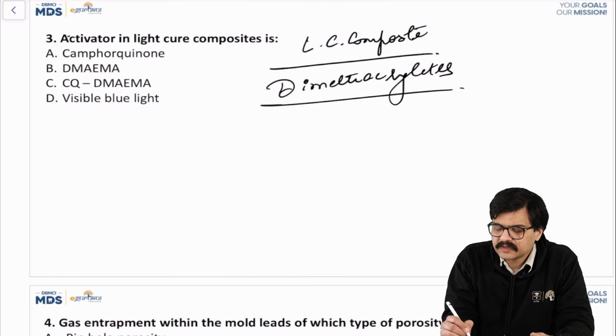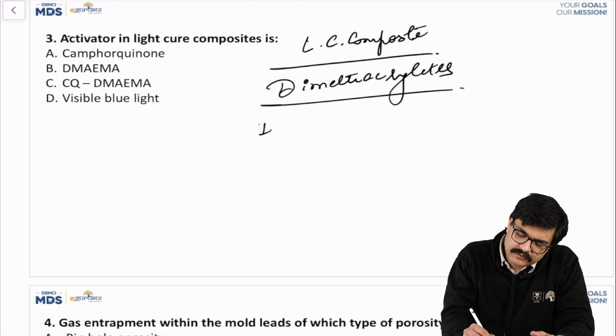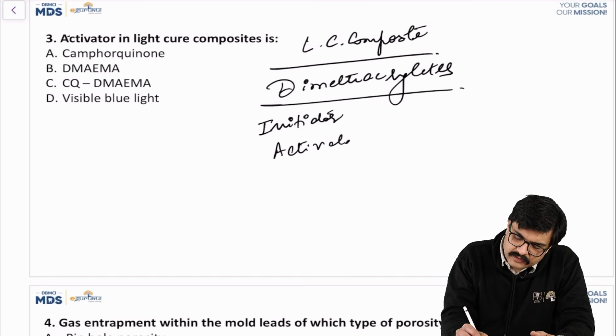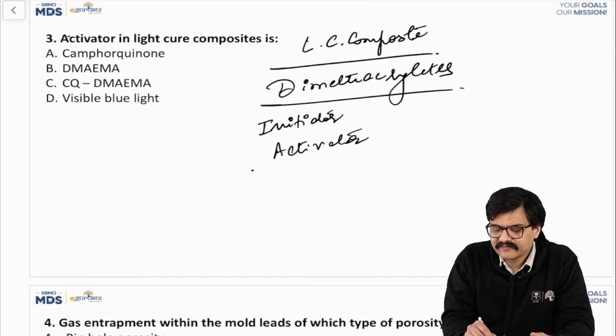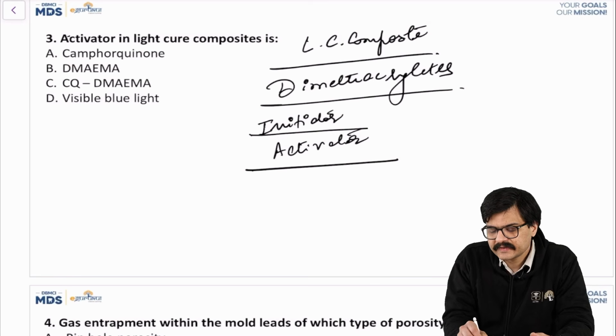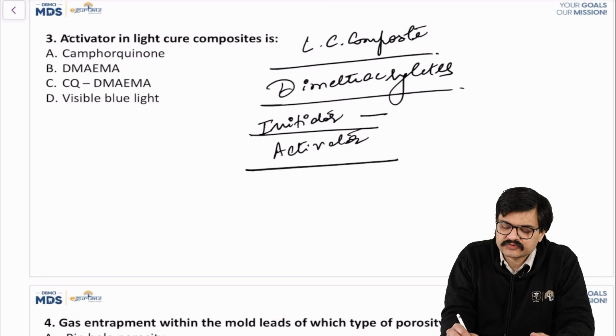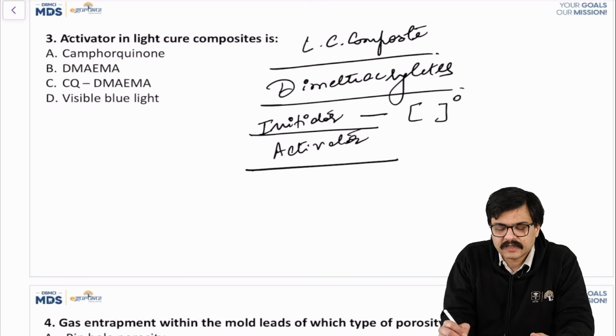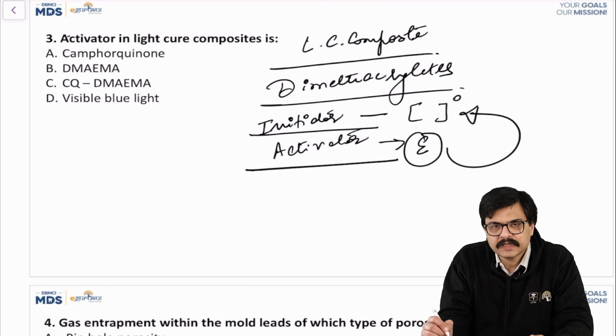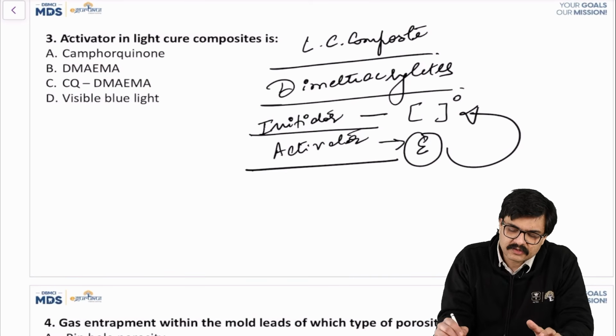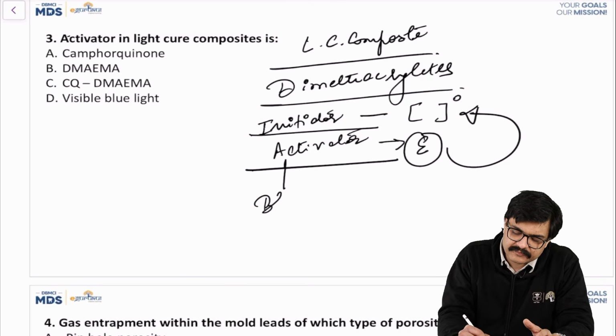Then you're going to be having the initiator, you're going to be having the activator, okay? So what is the activator and the initiator? The initiator would be the source of the free radical, and activator is the source of energy which would generate the free radical, okay? So activator for light cure is nothing but blue light, right?